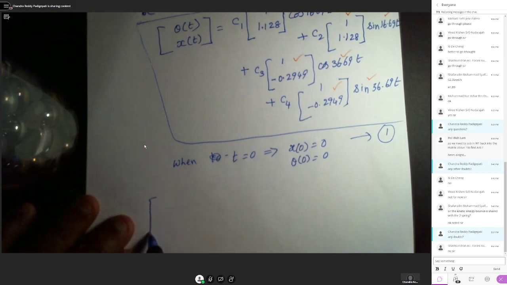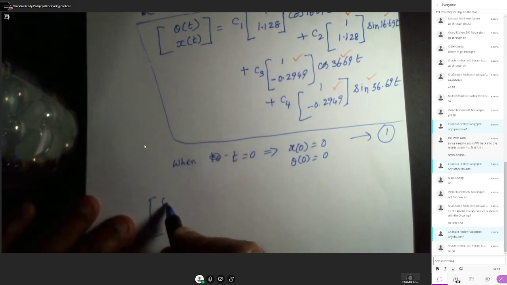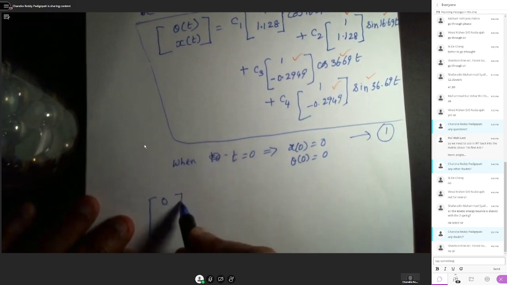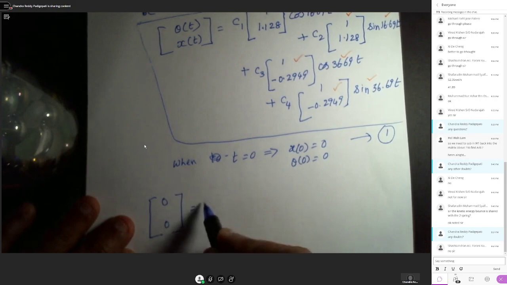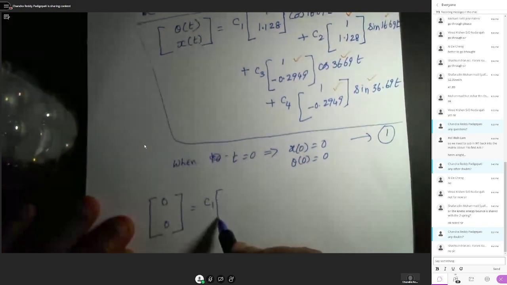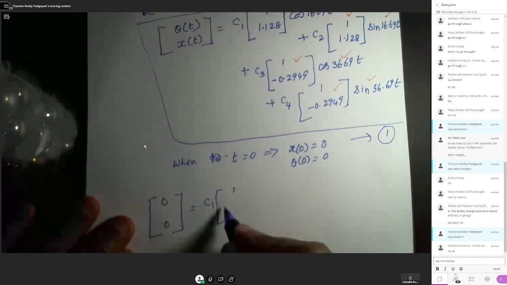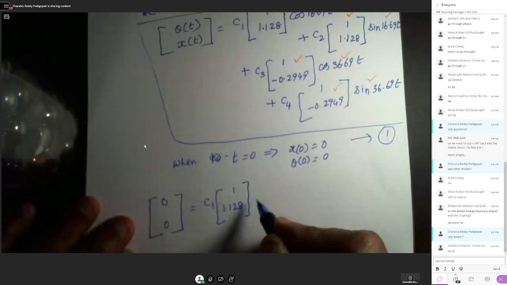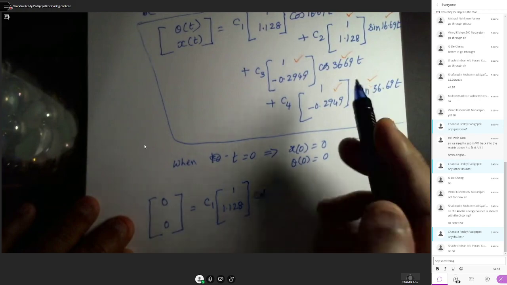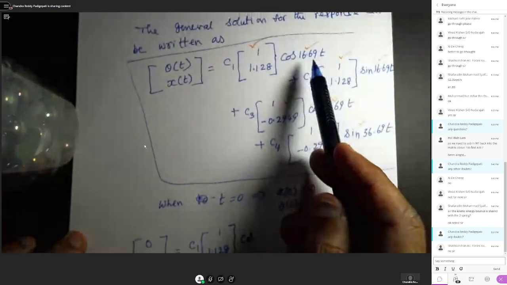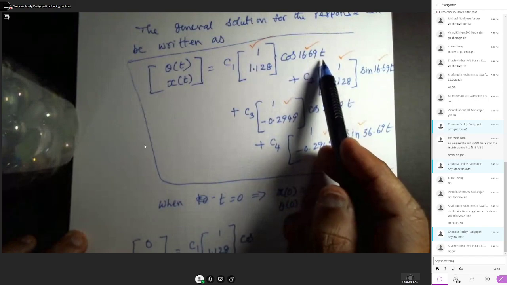From the equation, I can write 0, 0 here. I write C1 times 1.128 cos 16.69 into 0.